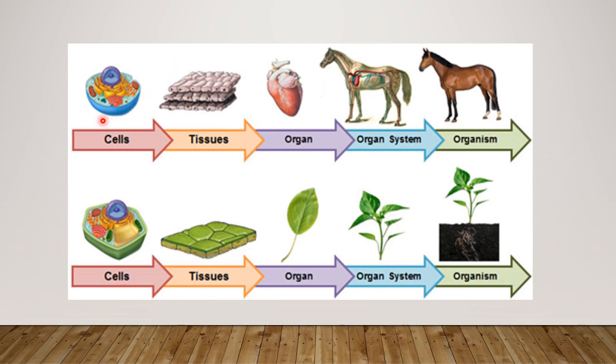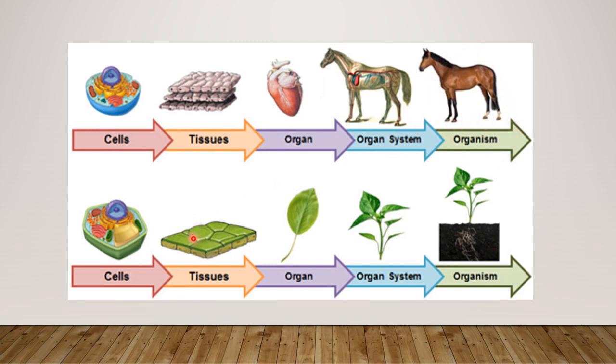When a group of cells which perform a similar function come together, they form tissues. Then the tissues which perform a similar function form a particular organ, and the different organs together form an organ system, and the organ system would then form the organism.